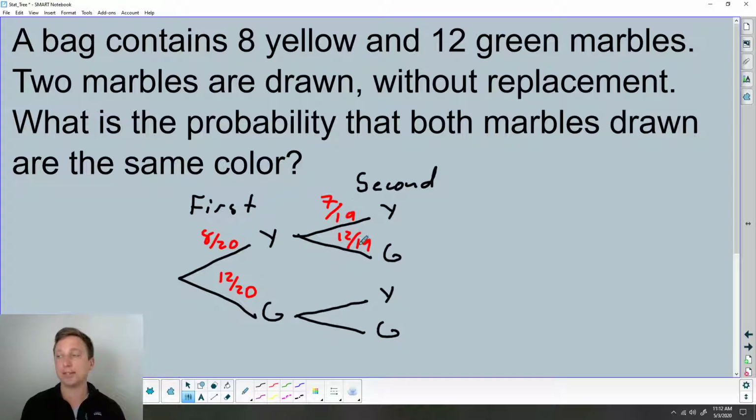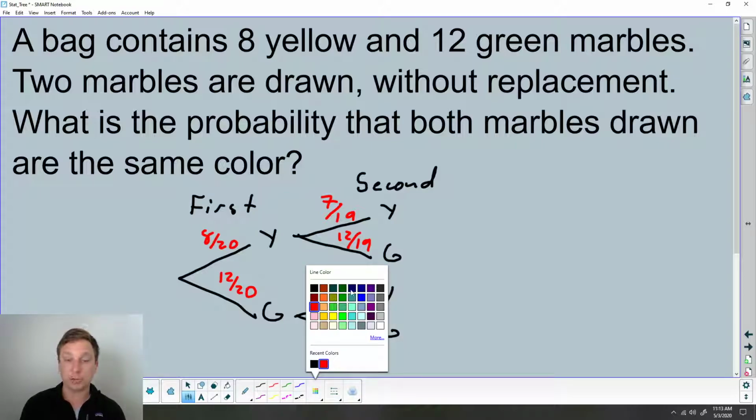Notice the sample space is consistent. There's 19, but the number of yellow decreased. Now I drew a green first, and I want the probability of drawing a yellow. Well, there's still 8 yellow in the bag because I didn't draw a yellow first. And there's 19, 1 less marble because I drew a green this time. Now if I draw a green first and a green second, there are 12 minus 1, so 11 marbles that are green of the 19. So there is our tree diagram with the probabilities assigned.